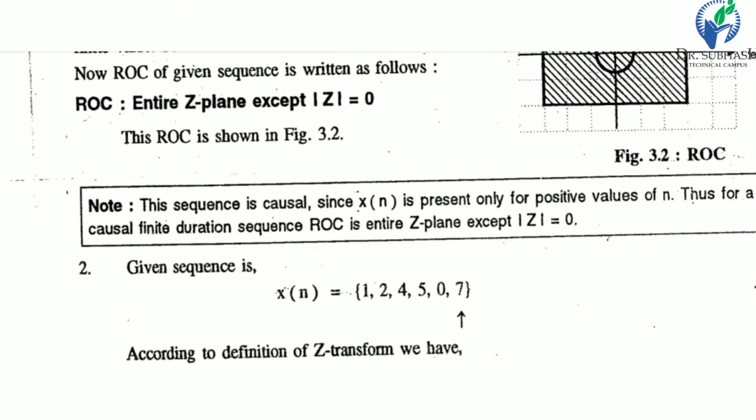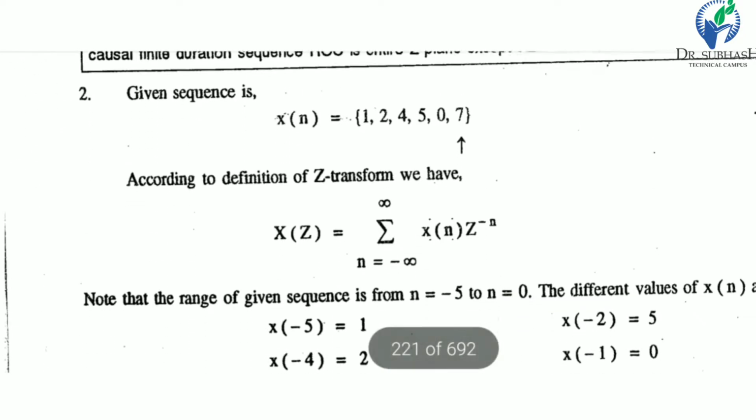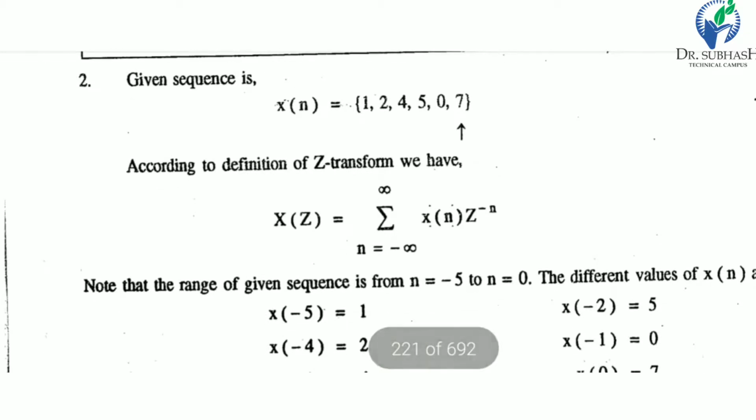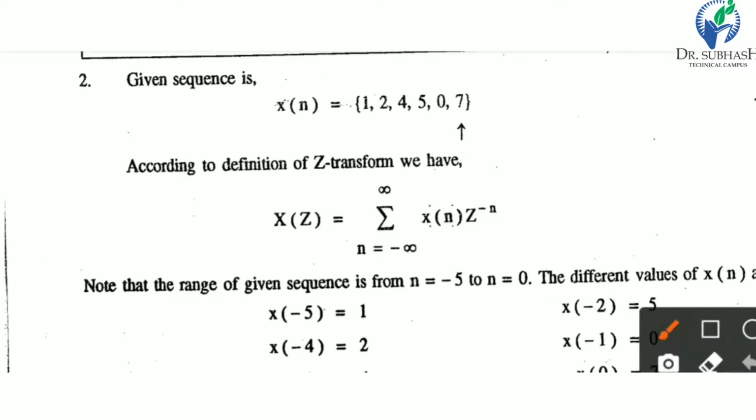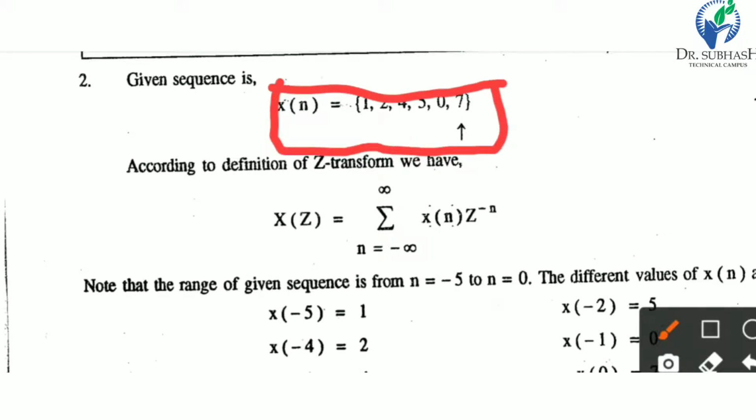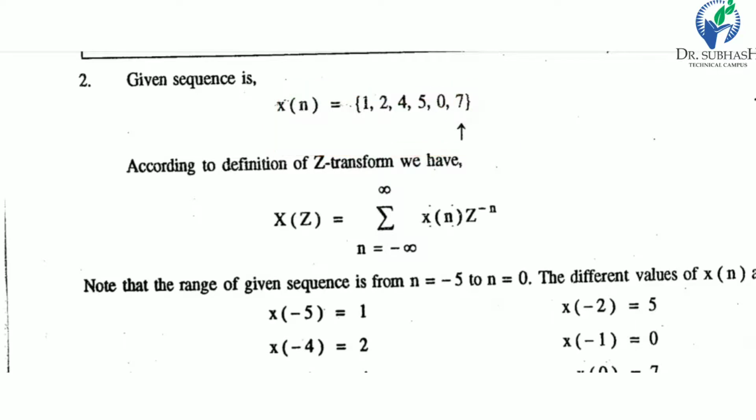Now we are taking another example for more understanding. Here are the same values, but the 7 is at the origin. So this is our next example for z transform and ROC. x(n) equals 1, 2, 4, 5, 0, 7, with the 7 at the origin and the other values to the left side.